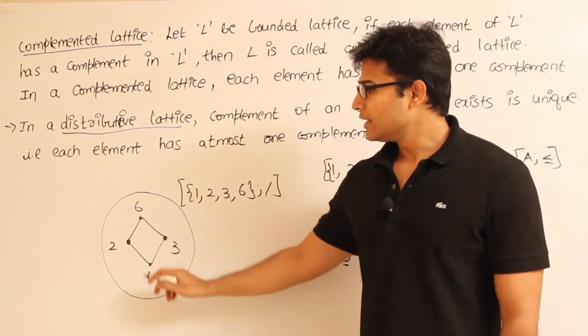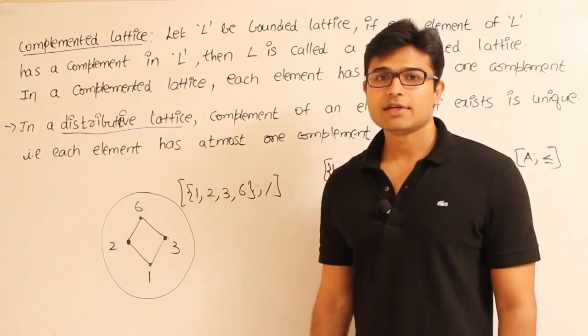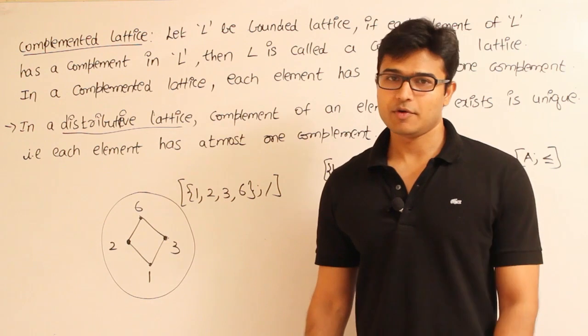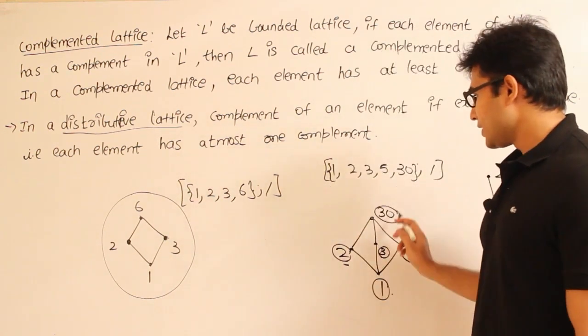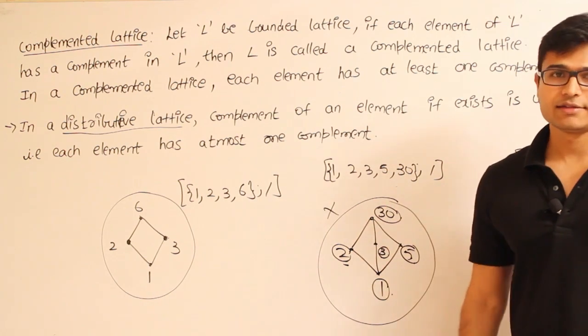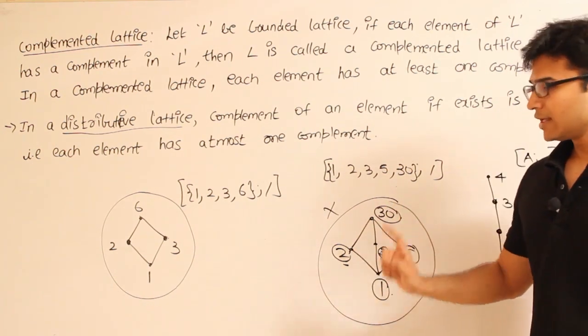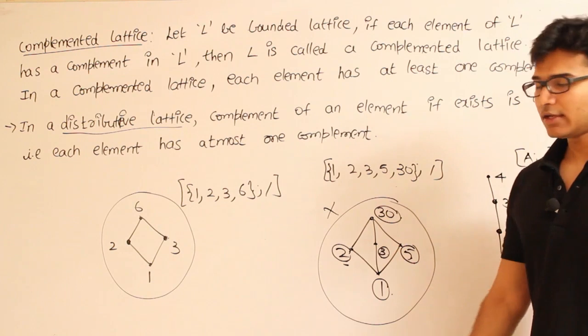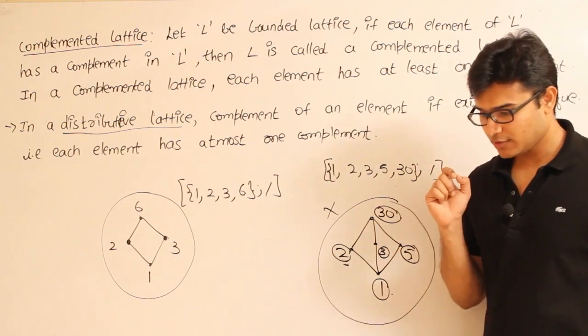The reason is, in this one every element has at most one complement, but this lattice is definitely not a distributive lattice. The reason is, here one element has more than one complement. So remember this point.